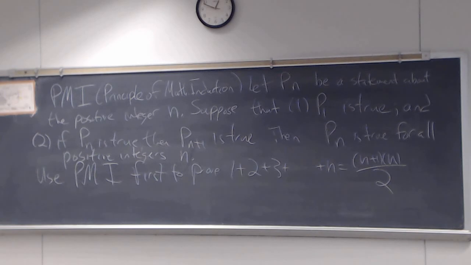So if I add up the first n plus 1 integers, it would be that sum, which is n times n plus 1 over 2, and then we can rewrite n plus 1 as 2n plus 2 over 2.